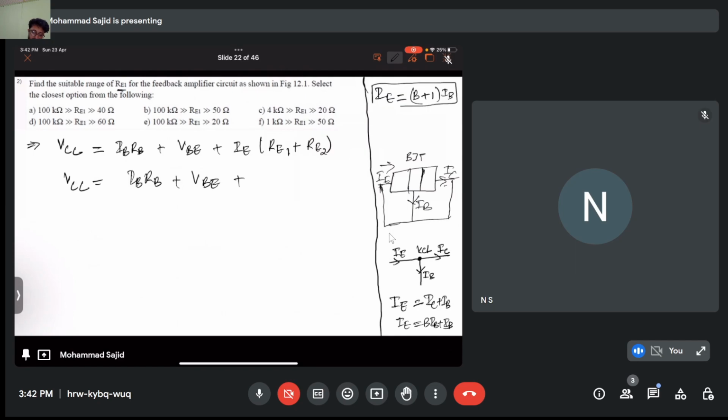That is the exact definition. You can approximate it with beta times IB because beta is usually high, but if you want to write it exactly, then it is beta plus 1. So this is beta plus 1 IB times RE1 plus RE2.